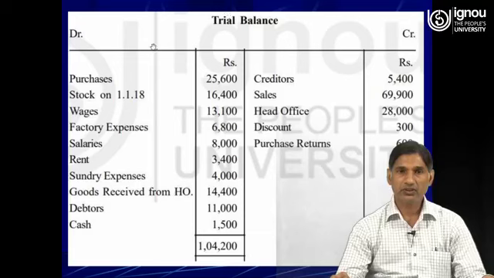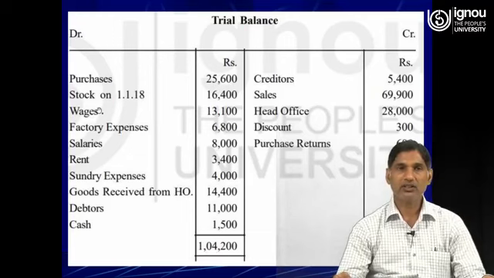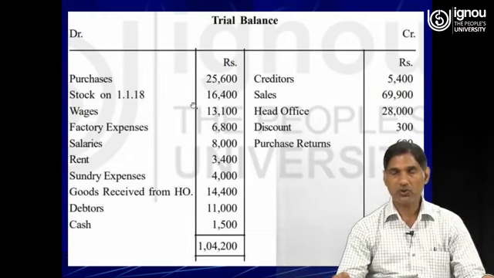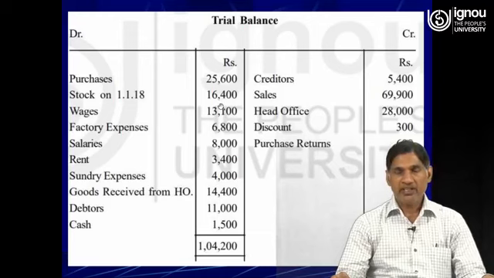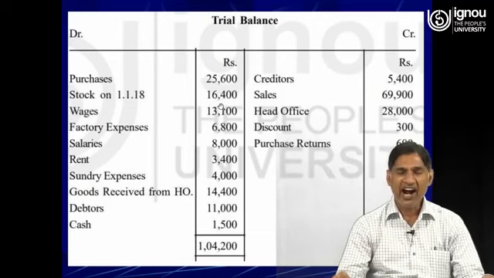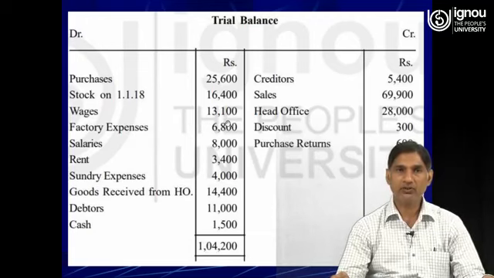So the trial balance is given. Purchases provided are 25,600. Stock, that is the opening stock, is 16,400. Wages provided are 13,100. Factory expenses 6,800. Salaries 8,000.